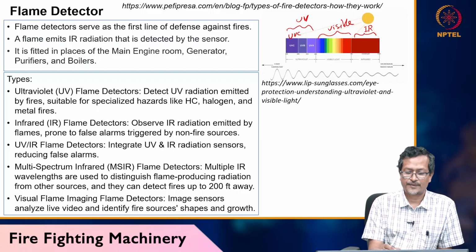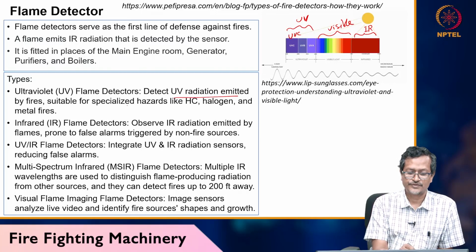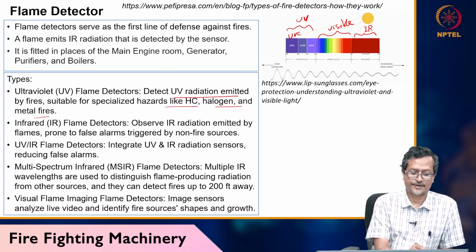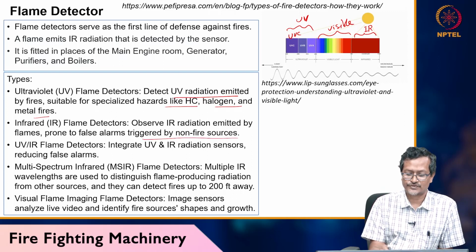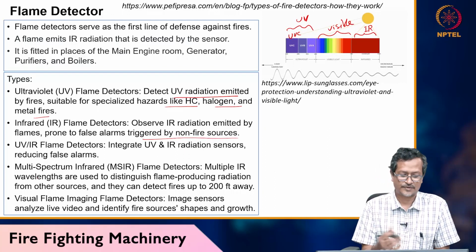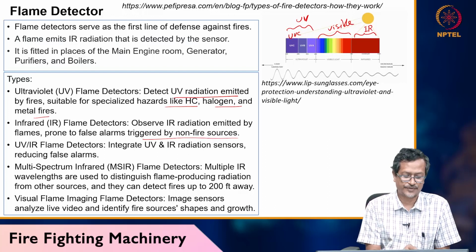The ultraviolet flame detector detects UV radiation emitted by fire, suitable especially for hazards like hydrocarbon, halogen and metal fire. The infrared sensor observes IR radiation emitted by flame, but is prone to false alarms triggered by non-fire sources. UV/IR senses both, so it is more complex.